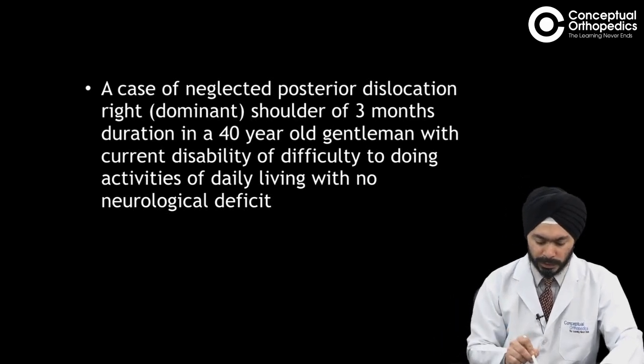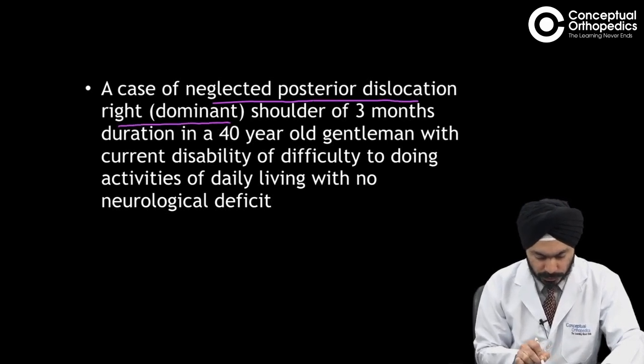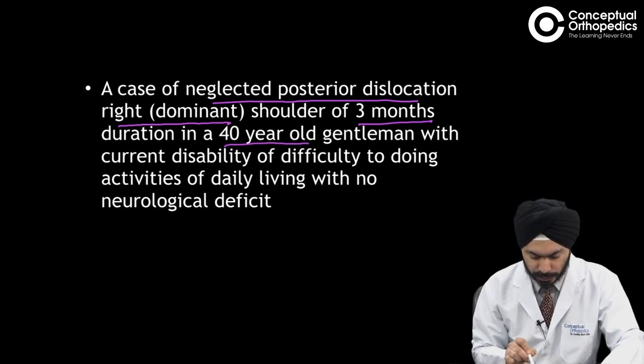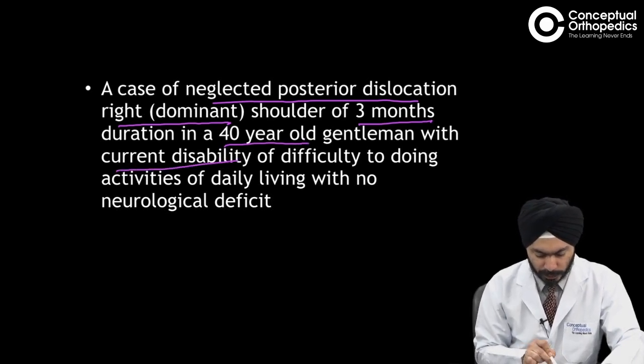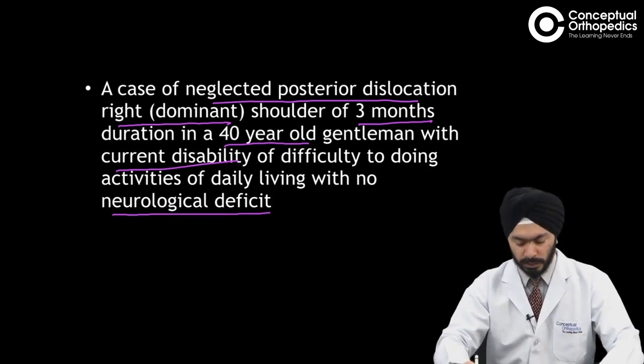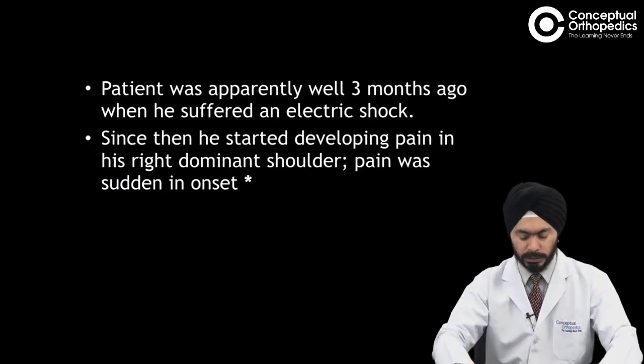So you have to tell the diagnosis, the dominance, which side is affected, the duration, the age of the patient, the current disability, and what's the neurological deficit if any is present. So remember to be sure of mentioning all these things in your diagnosis.